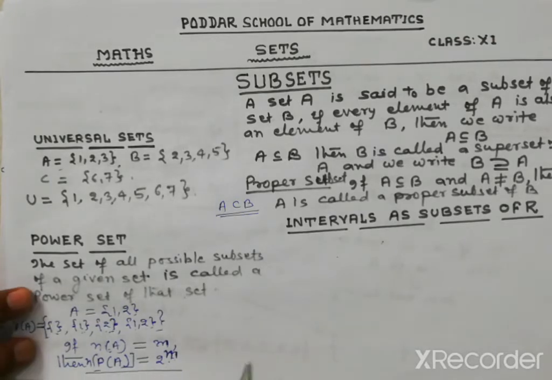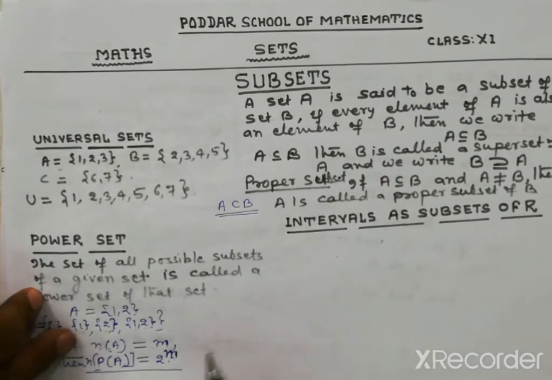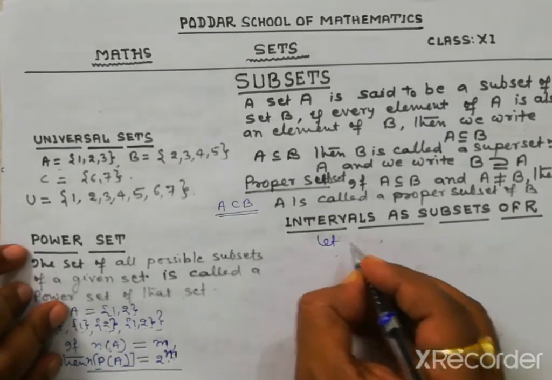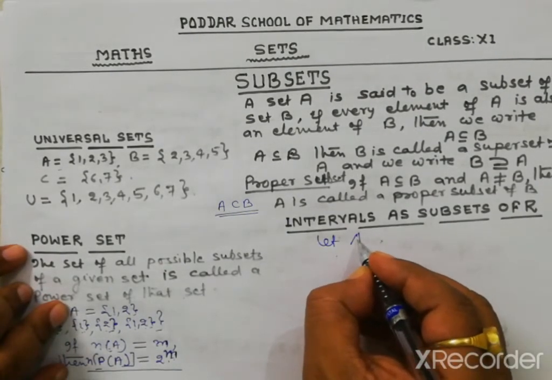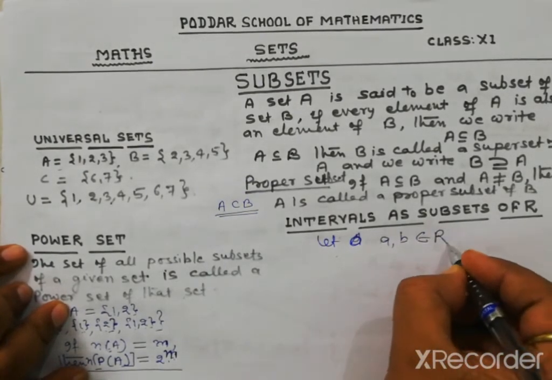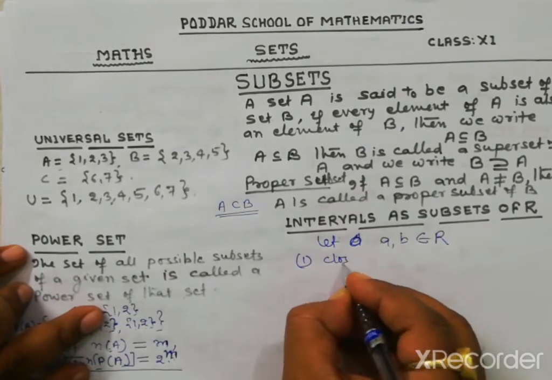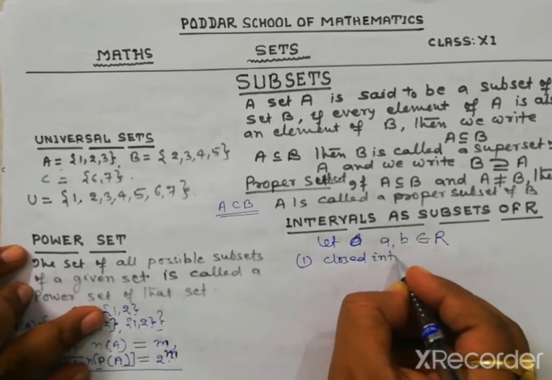Next point is intervals as subsets of R. Let small a and small b belong to R. Then we define the first one, the closed interval.